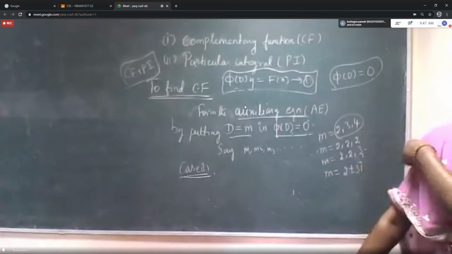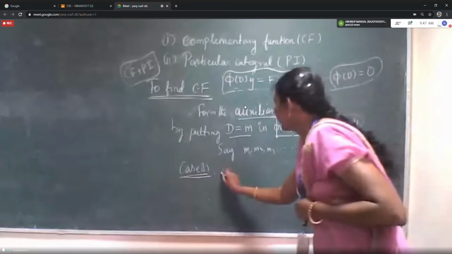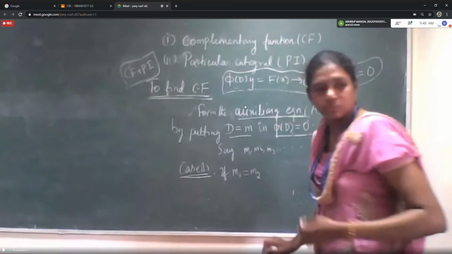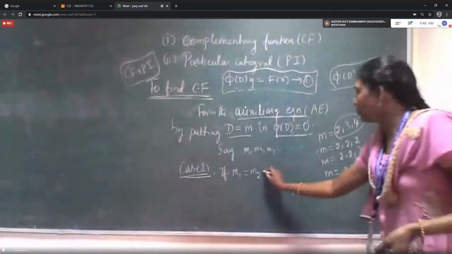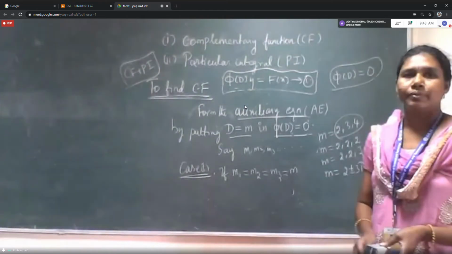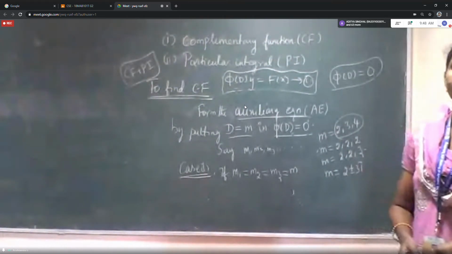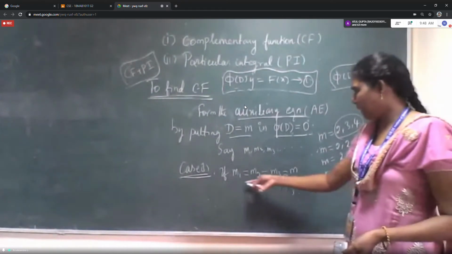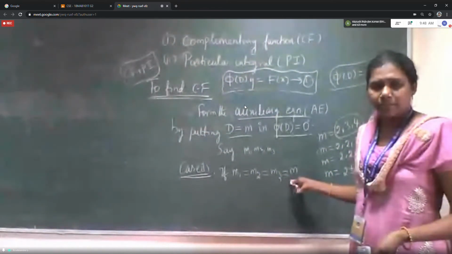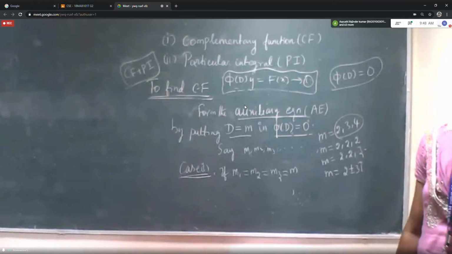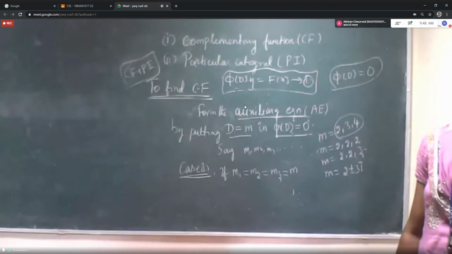If m1 equal to m2 equal to m3 equal to m, which means all roots are equal.